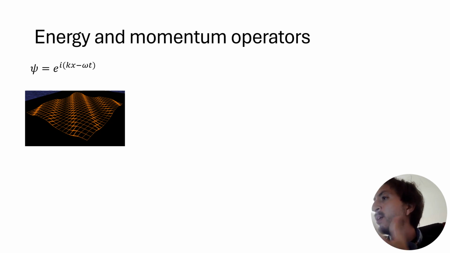Generally, these fields are described by something called a plane wave, and a plane wave has this kind of form. If you've seen lots of engineering textbooks, they tend to represent waves in this kind of form because it's perfectly capable of describing a generic plane wave, where k is a constant relating to the wavelength of the wave and omega is a constant relating to the frequency of the wave.